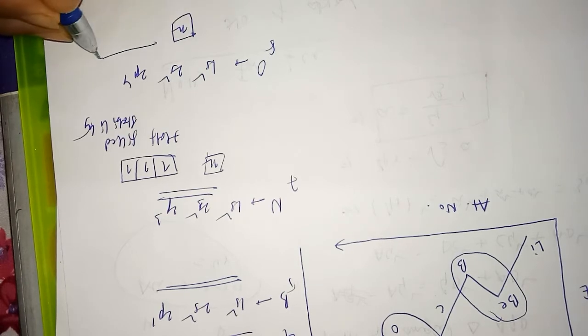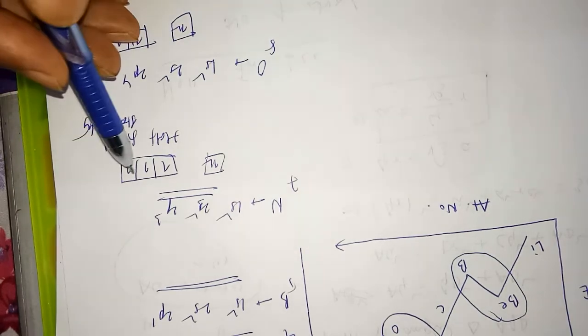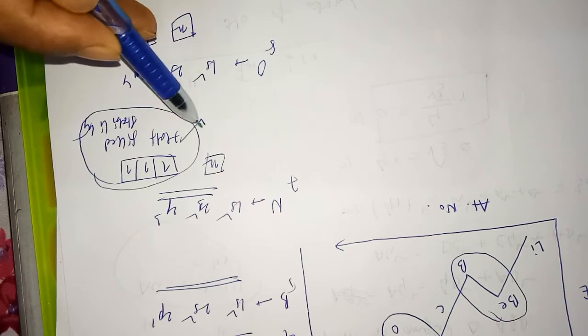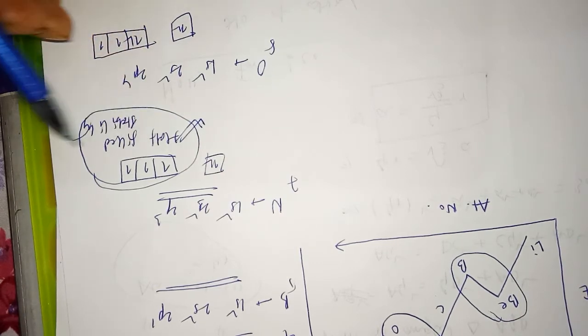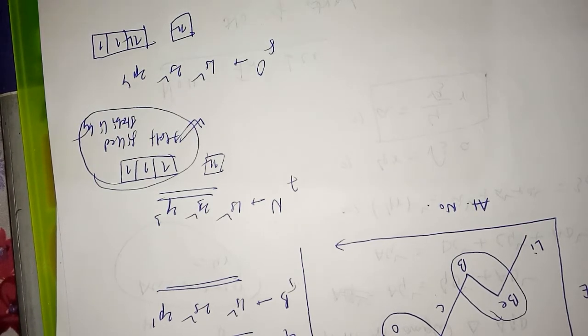This is 2s2, this is 2p4. 1 2 3 4. So nitrogen is more stable because it is half filled electronic configuration. That is why taking out the electron from nitrogen will be more difficult than from oxygen. So the ionization enthalpy of nitrogen is more than that of oxygen.